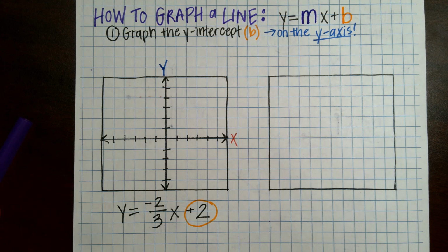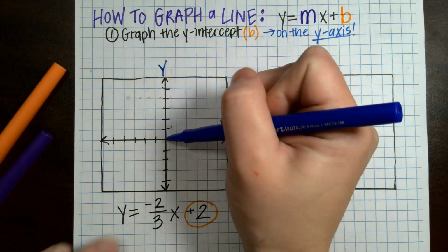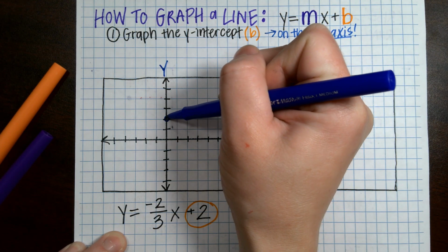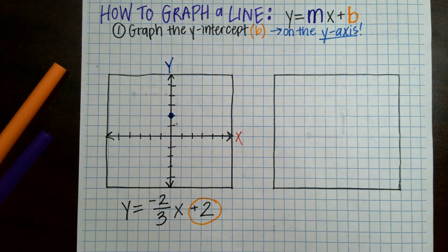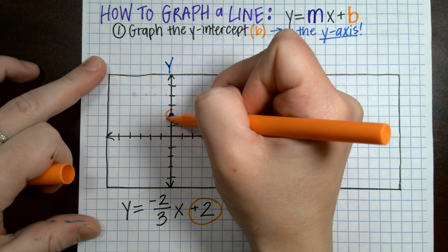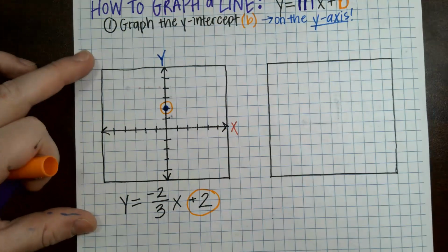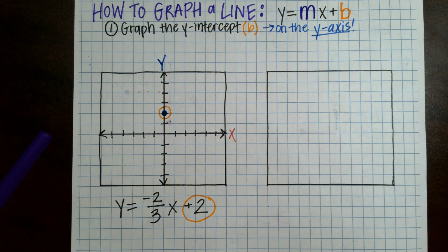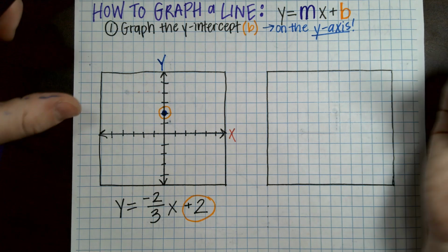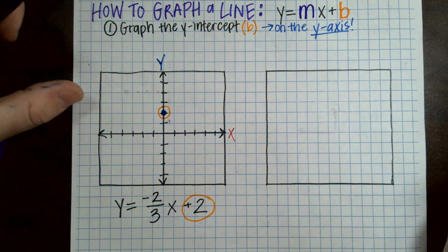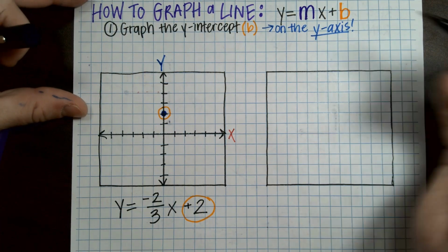Straight up. Yes, straight up to 2 on the y-axis. There we go. Step 1 is done. And I'm going to circle that in orange just so y'all can see where it came from. So once we've used our y-intercept, we've got a starting point for our line.